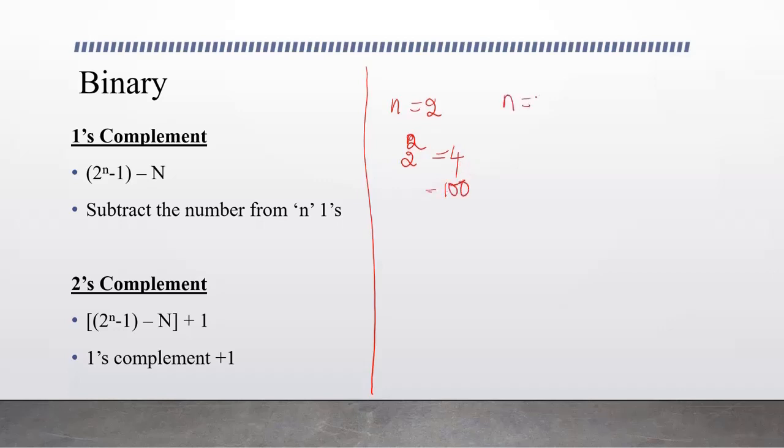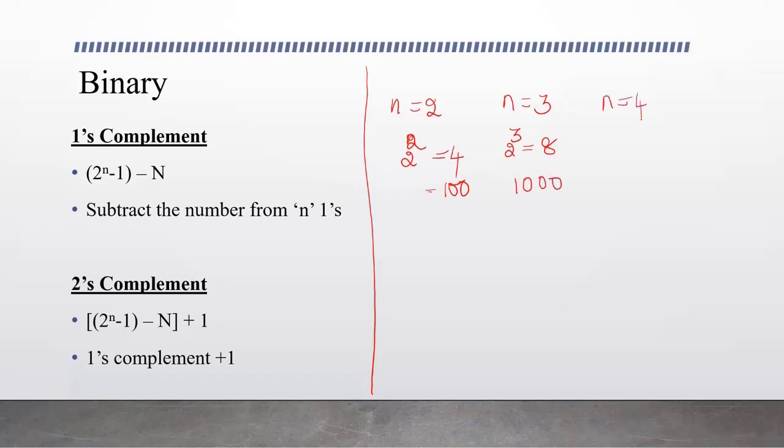When n becomes 3, 2 power 3 is equal to 8, and the binary equivalent of 8 is 1000.